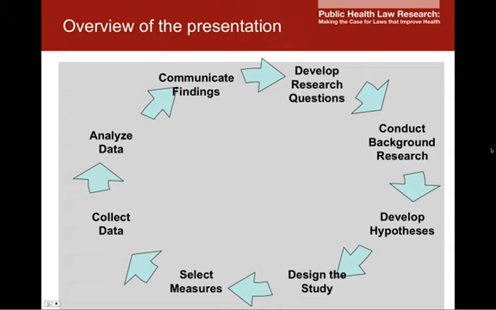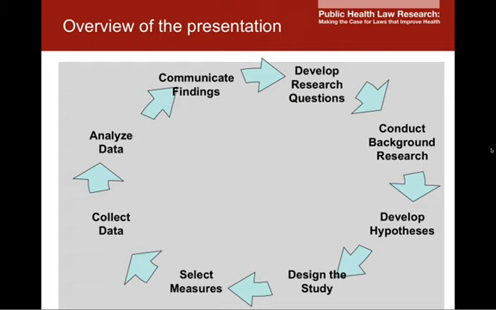The scientific method defines specific steps in temporal order to develop a methodologically sound research project. In the next slides, I'll go into greater detail about each of the steps. The first step is to develop the research questions and then conduct background research. Once you're clear on the details and debate surrounding a particular topic, it's necessary to develop study hypotheses based on a theoretical model.